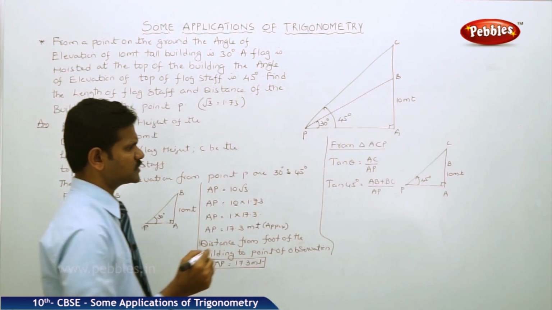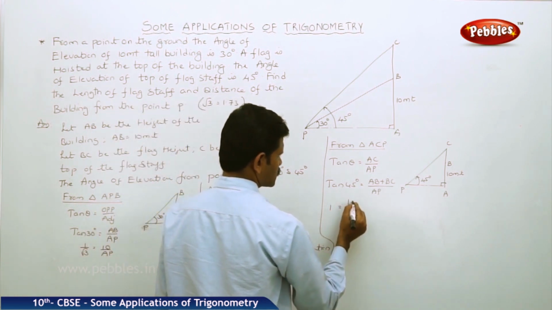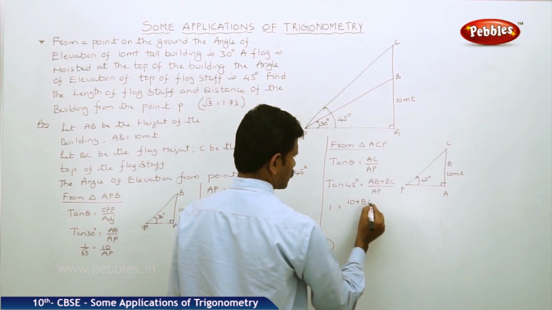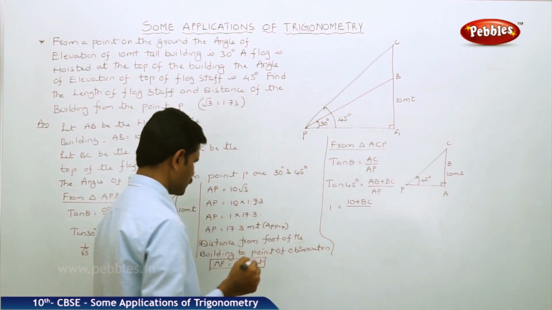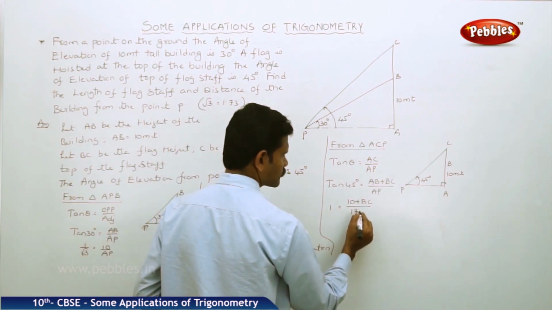Now tan 45, which equals 1, is equal to AB value 10 plus BC by AP value, which we just found out, 17.3.